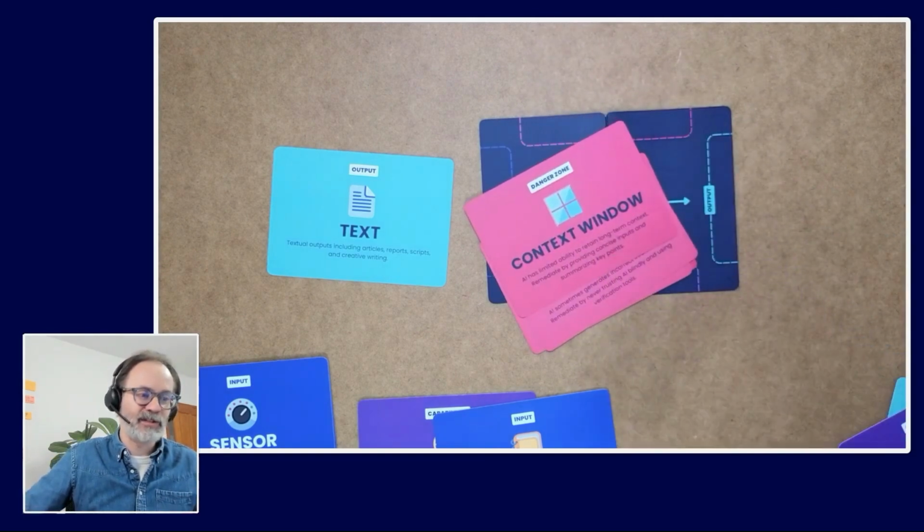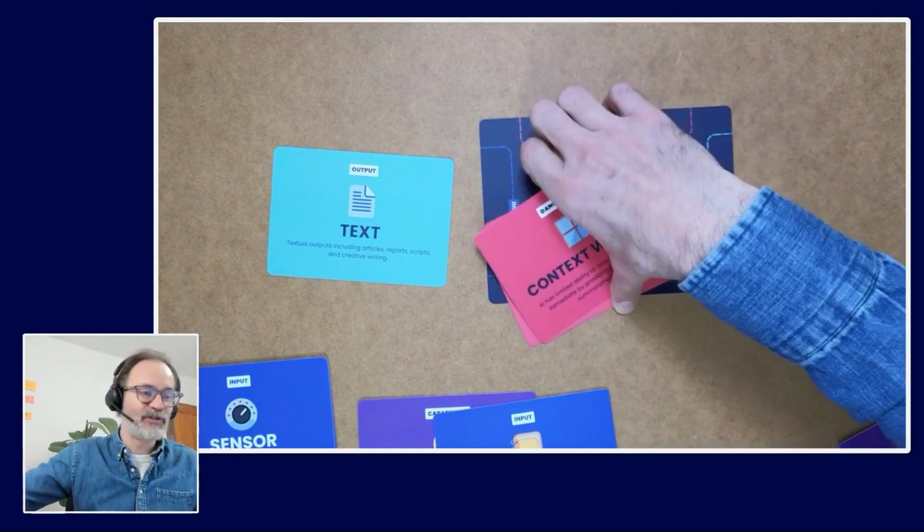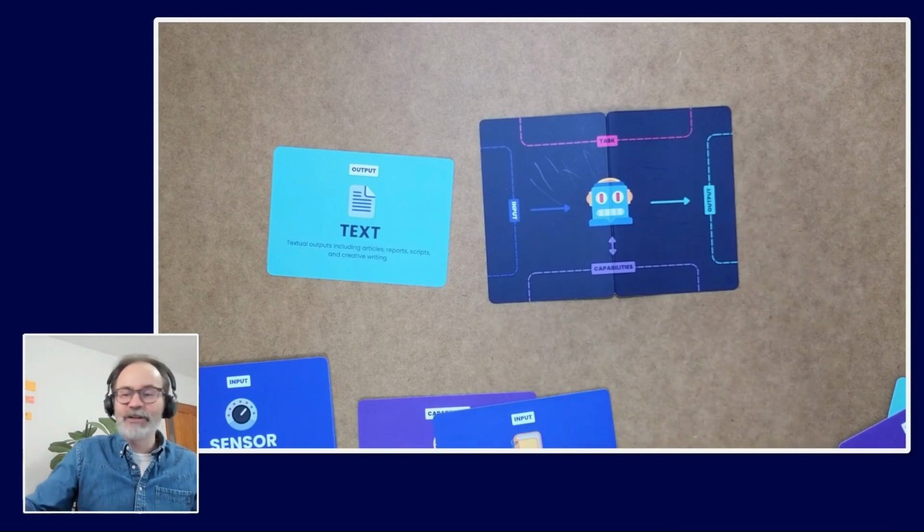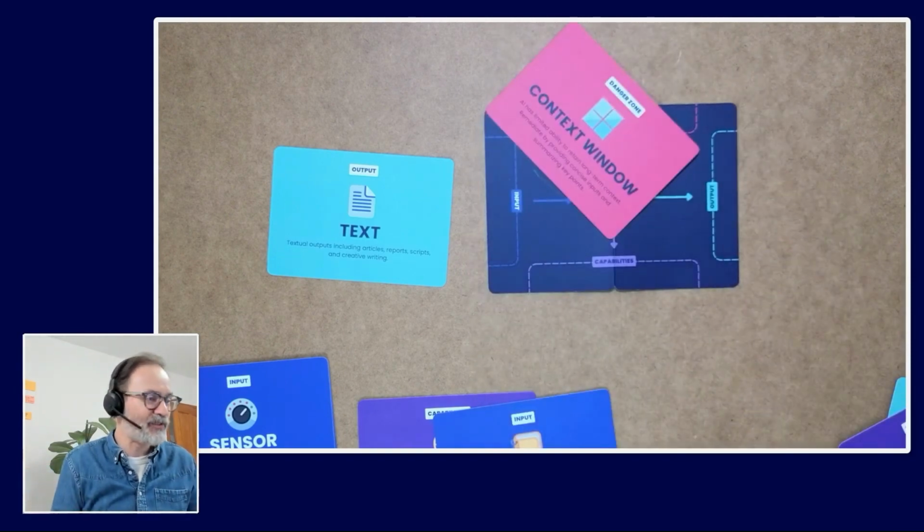Because, for example, context window is a little bit too advanced, I don't explain it in a normal workshop. But if I have to explain it to answer a question about how much content you can put in a prompt, I take all my context window cards and put them on the table of the different participants at the same time that I explain it.